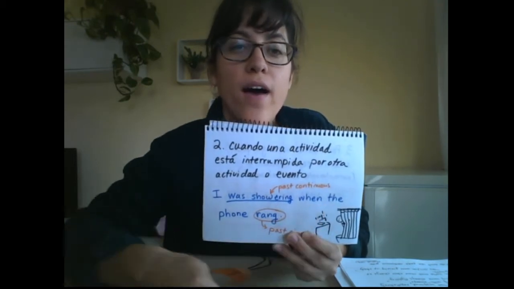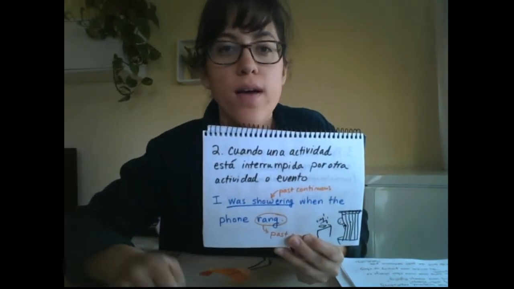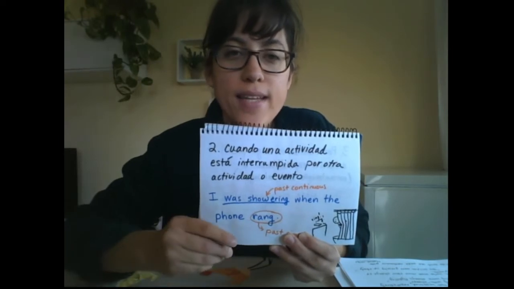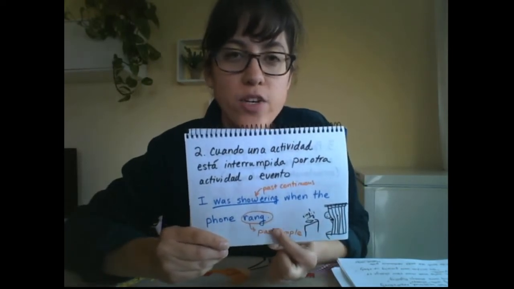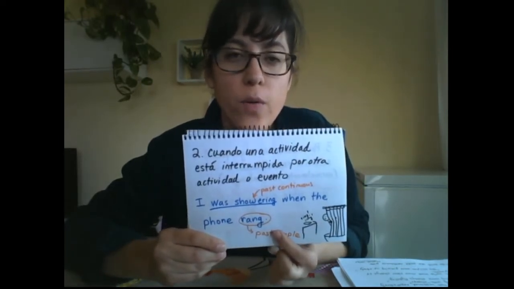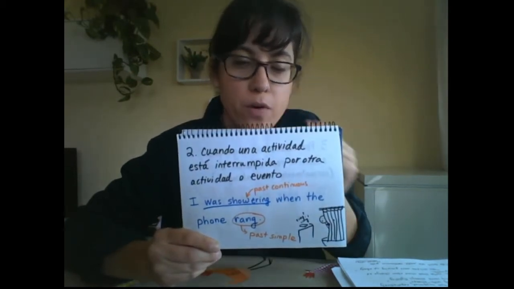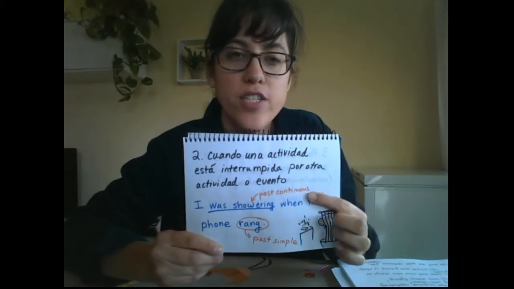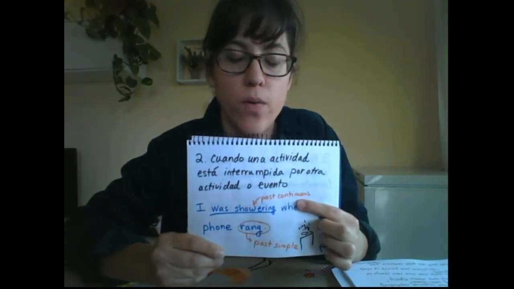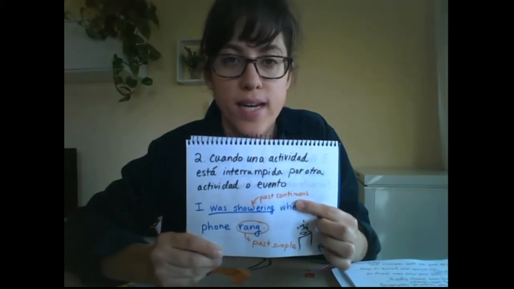When the phone rang, cuando sonó el teléfono. And in this case, la acción que interrumpe, the phone ringing, is in the past simple. But nos preocupamos por the past continuous, lo que estaba pasando cuando algo interrumpió esa acción.